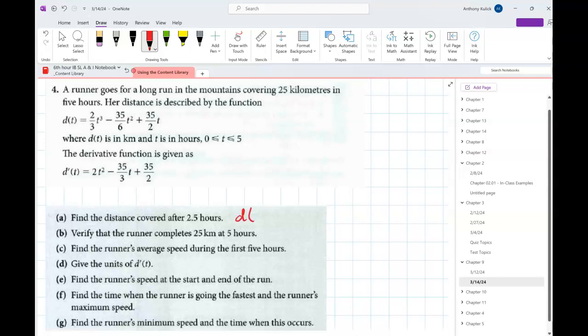D. So what am I going to do to d to get the distance covered in 2.5 hours? Plug 2.5 in for t, right? Let me show you.